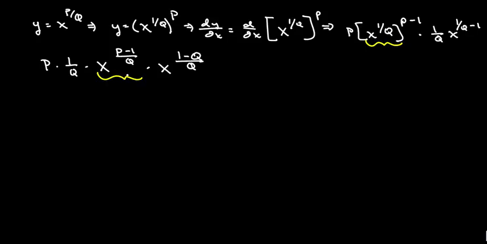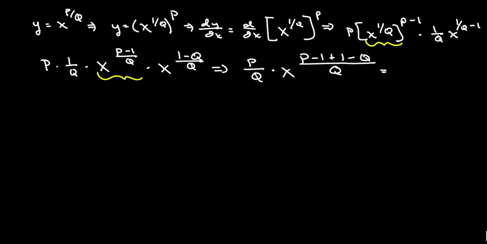And now I get to add, have the same base, add the powers. So this in the front is p over q times x to the p minus 1 plus 1 minus q over q, just like that.